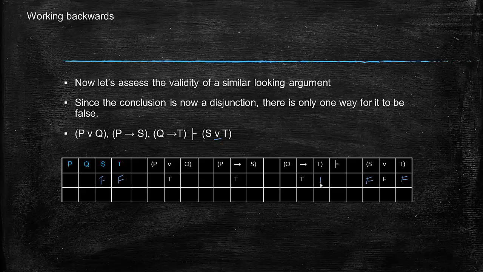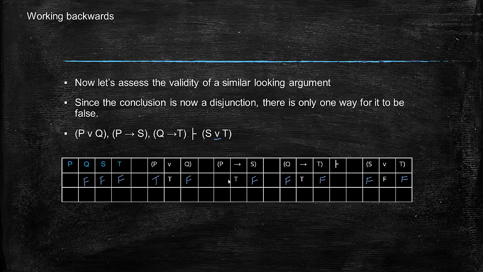right? So that means false here and false here, right? And then we can go ahead and ask about Q. Well, if this is going to be true, then Q is going to have to be false, just as before. And once again, it all comes down to P. Oops, Q is going to be false here. Okay, so if this is going to be true, then P is going to have to be true.